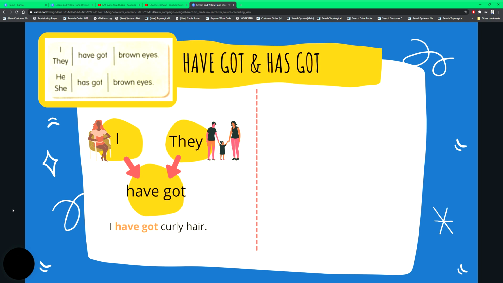They have got. What do they have? Look at their hair. What color is their hair? Yes, it's black, right? So you can say they have got black hair. Do you understand? So far so good? Let's move on to has got.